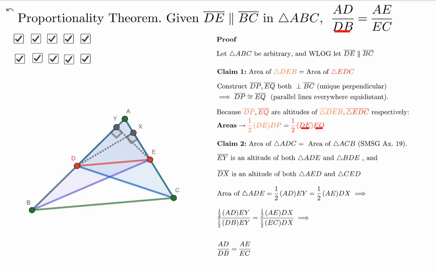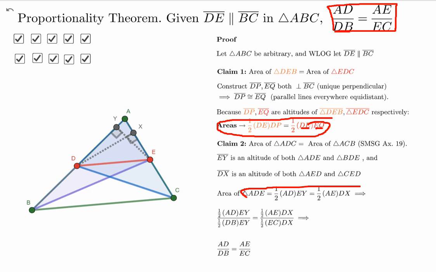So to get a proportion like this, we actually needed to calculate areas that we knew were equal. That was the key, to have areas that are equal. Then we could write them in some different ways to get the proportion that we need, and also understanding the idea of an altitude being the height of a triangle, how to construct these different altitudes that we need to show that the triangle areas are the same.